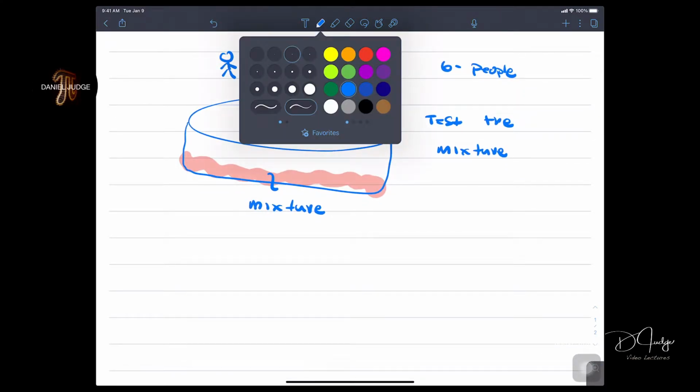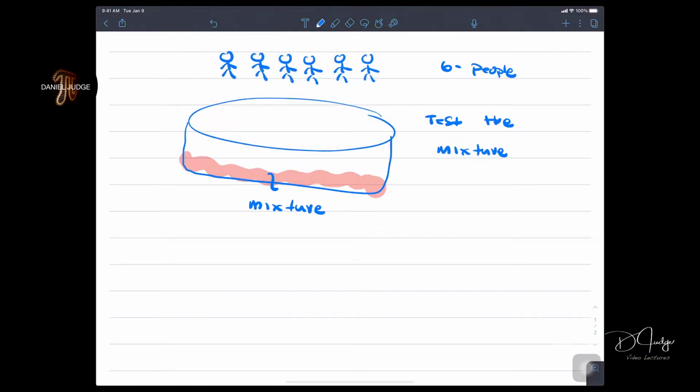And I want you guys to know when they test this mixture, it can either test positive or it can test negative. That's what's going on with this mixture. It's going to test positive. It's going to test negative. Okay, so there's 2 situations for the mixture.